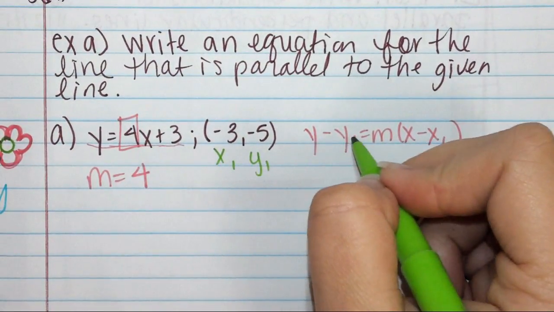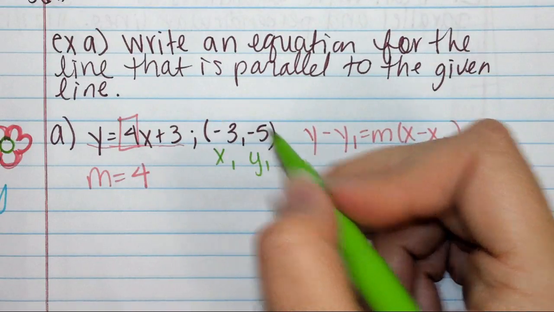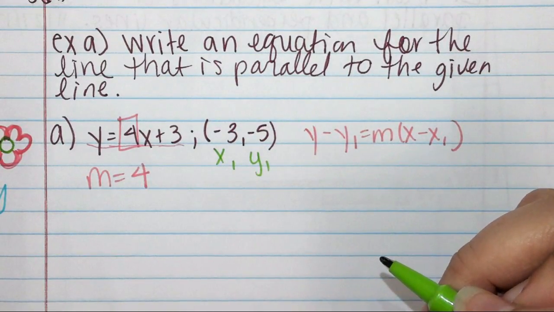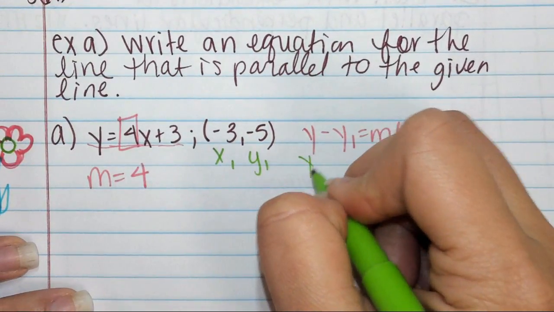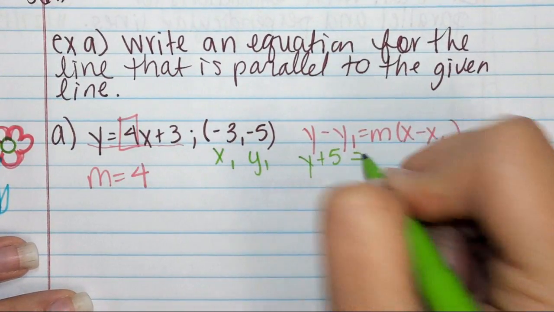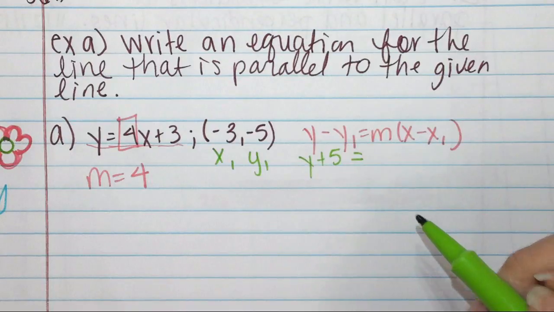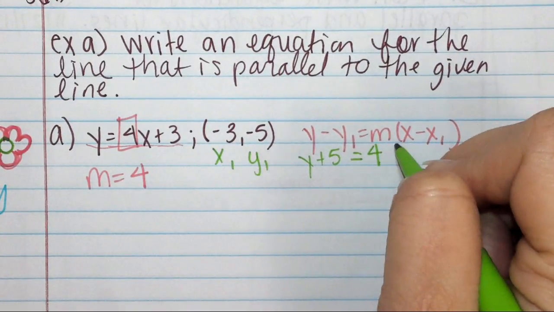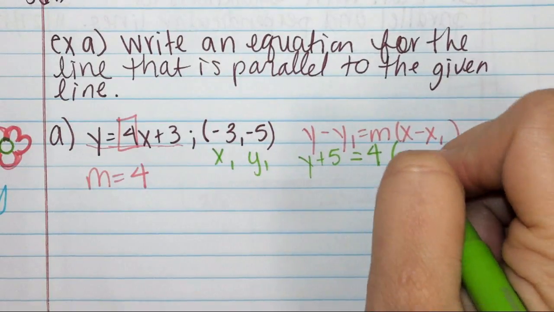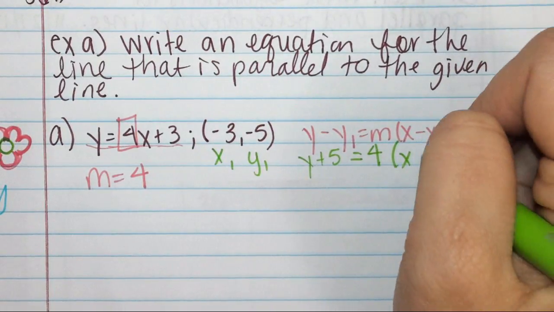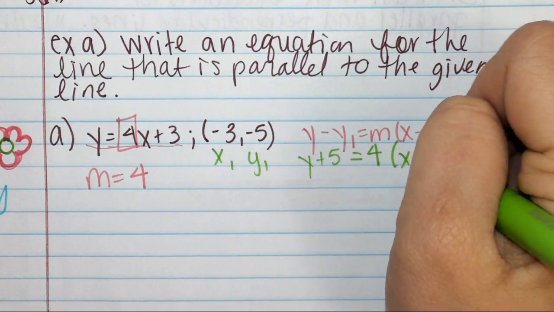So we have y minus y1, which means it would be y minus a -5. Do we write minus a negative, or do we change it to a plus? Change it to a plus. So y plus 5 equals. Now what is our slope? 4. Fantastic. And then it's going to be x minus a -3. And do we write a minus a negative or a plus? Plus 3.